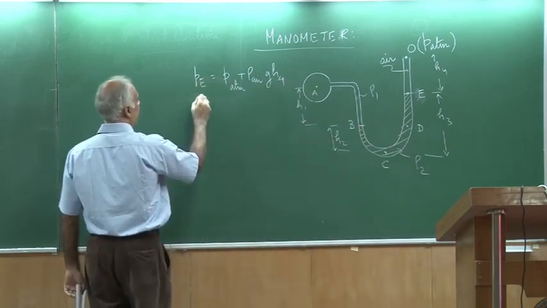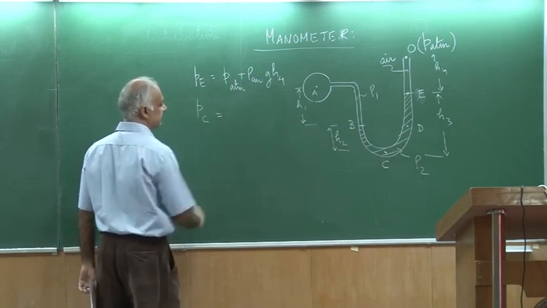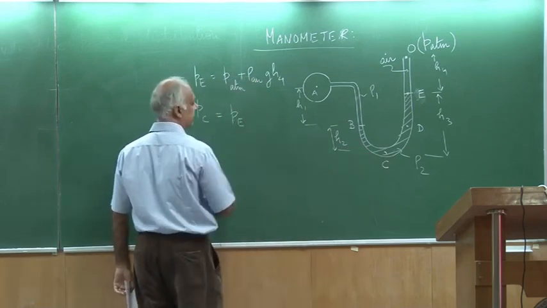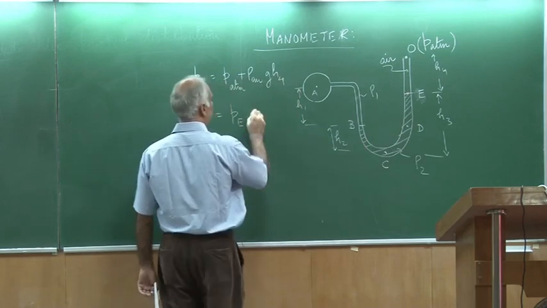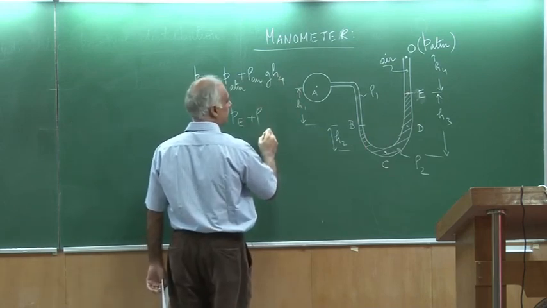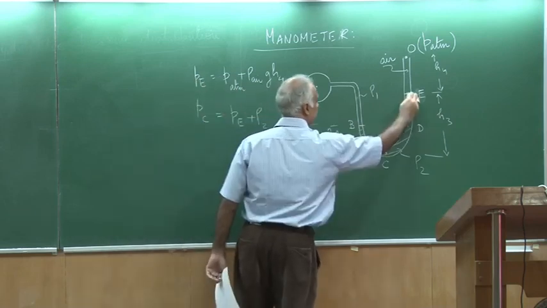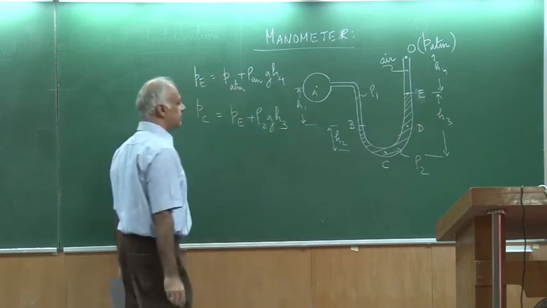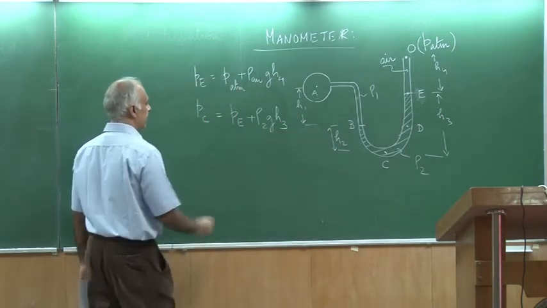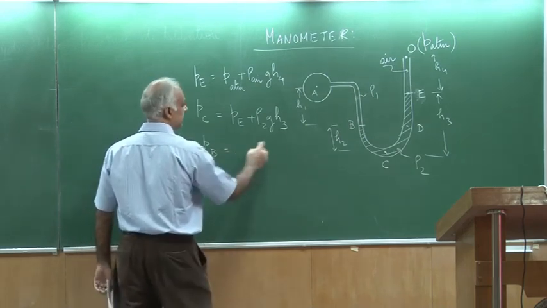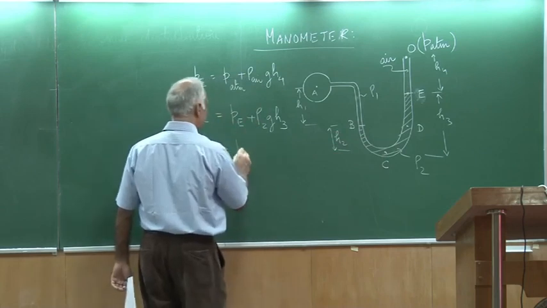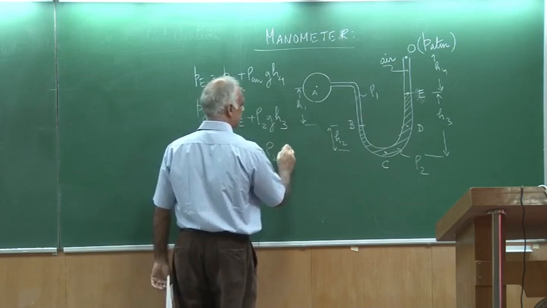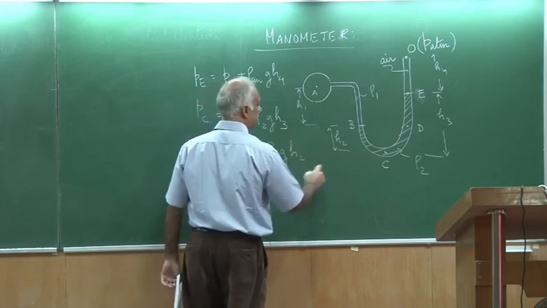I can also write down the pressure at point C. The pressure at point C could be written in terms of the pressure at point E plus rho 2, this fluid is 2, times G times H3. I can write down the pressure at B as the pressure at point C minus rho 2 G H2.